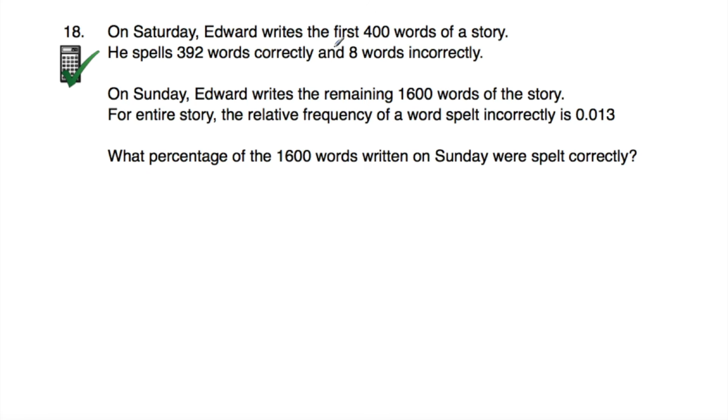So he wrote 400 words on Saturday, and then the next 1,600 words on Sunday, and he wrote the whole story. We're told that the relative frequency of him spelling a word incorrectly is 0.013 over the entire story. So if we take 2,000, the number of words altogether, adding together 400 plus 1,600, that's equal to 2,000.